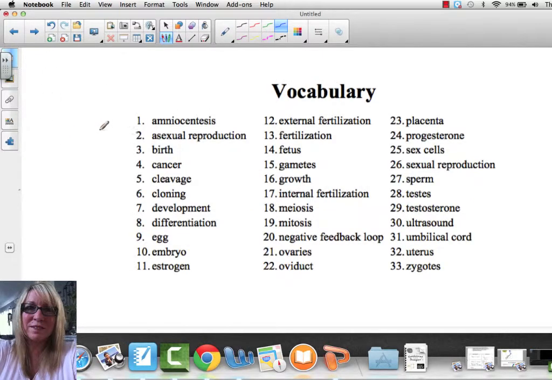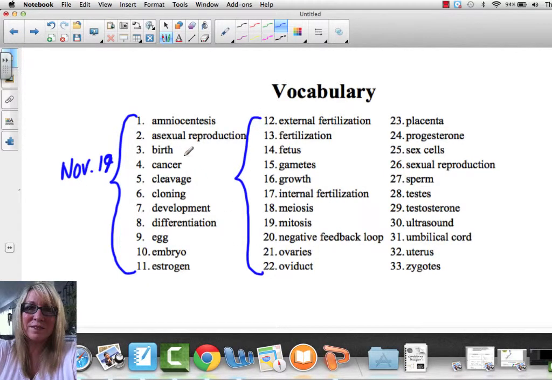Let's look at some vocabulary. We've got some vocabulary. So the first set of vocabulary words, 1 through 11, we will have a vocab quiz on November 19th. The second set of vocabulary words will be November 25th.